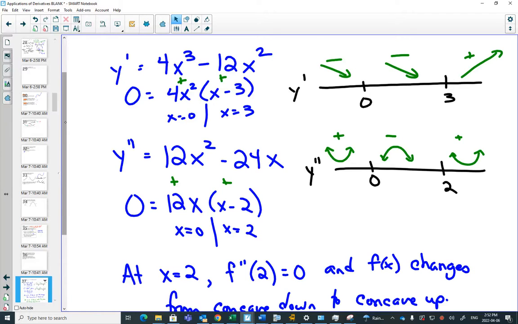It's gotta stay. So if you had a graph like x to the 4, the derivative is 4x cubed. The second derivative is 12x squared. Zeros are going to equal all the way through. So you're going to get y double prime equal to 0 at 0, but you also get y prime equal to 0 at 0.